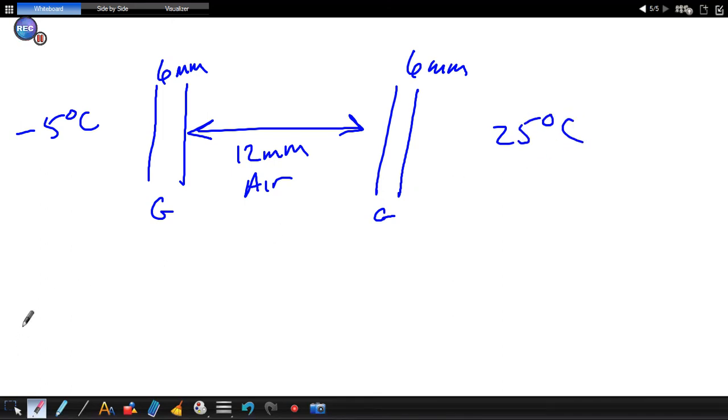If I plotted it, it would go up, and then it would go up really slowly, and then it would go up again through the other glass. So the idea is that we could ask, what is the temperature in the air?